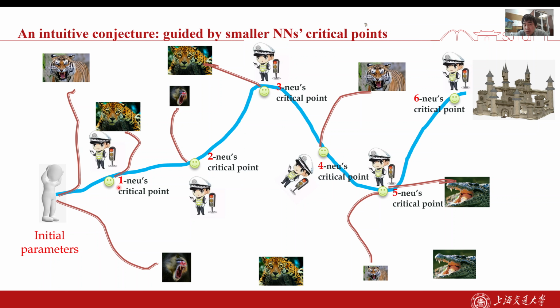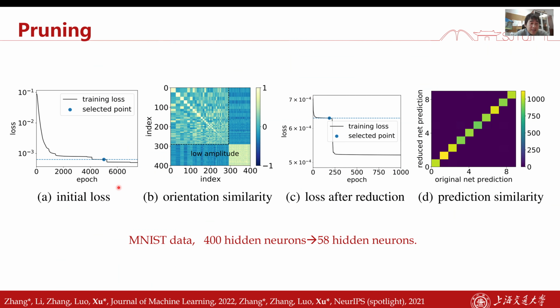And this network has almost the smallest complexity, which is due to the condensation.